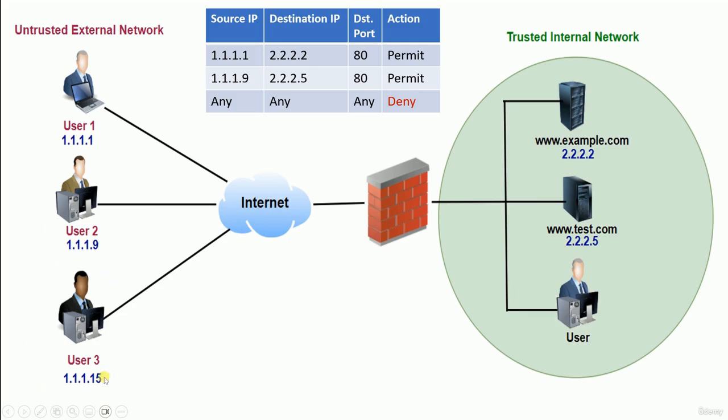However, these are the only 2 permit rules we have, right? Apart from that, it's a deny. Which means that whichever source address to whatever destination IP for any service, it's set to deny. So just consider that if user 3 is trying to connect to either application, example.com or test.com, when his request comes to the firewall, it will look at the security policy.